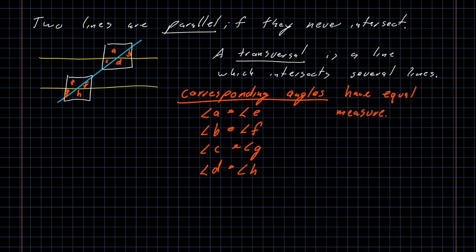All right. Looking at this picture a little bit more closely, though, I want to point out something else. If I look just at this one portion of the two parallel lines cut by a transversal, I'm looking at intersecting lines, which means that I have a pair of vertical angles that have equal measure, and I have another pair of vertical angles that have equal measure.